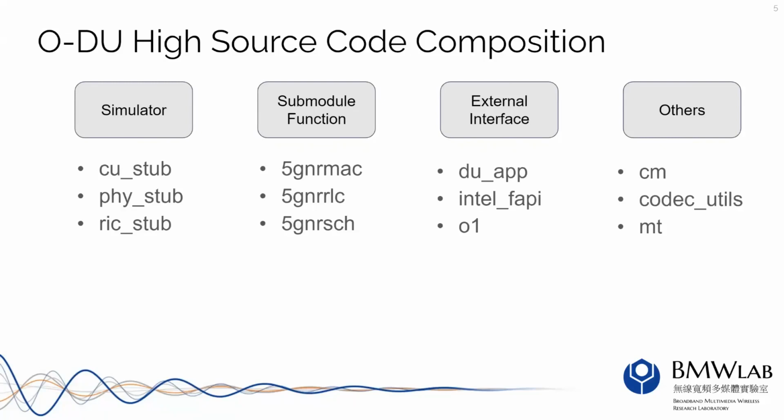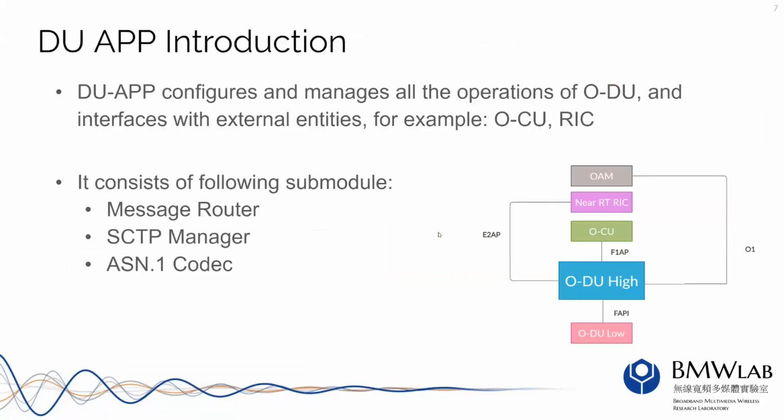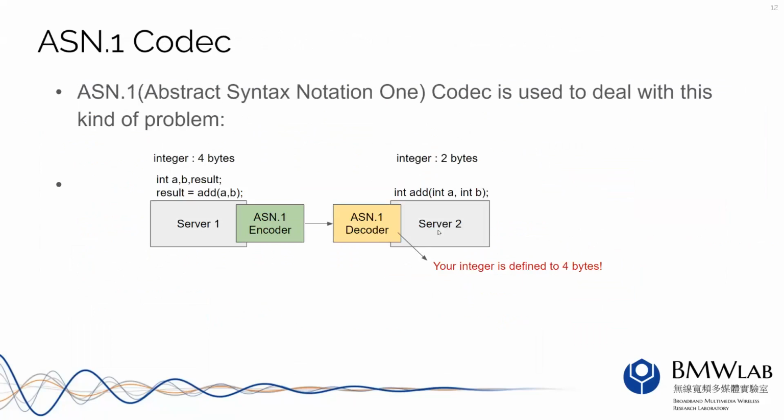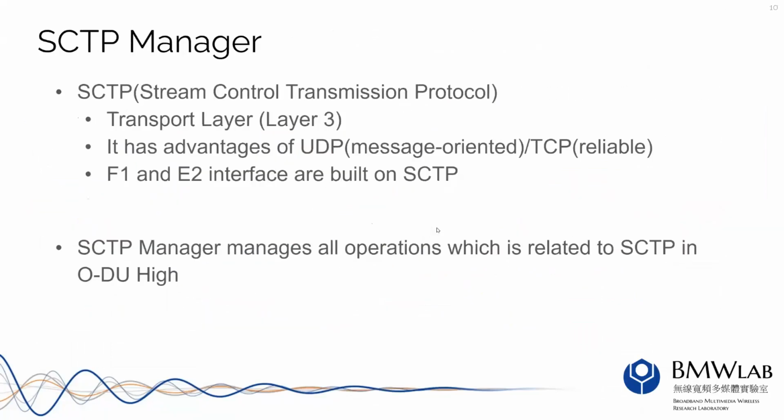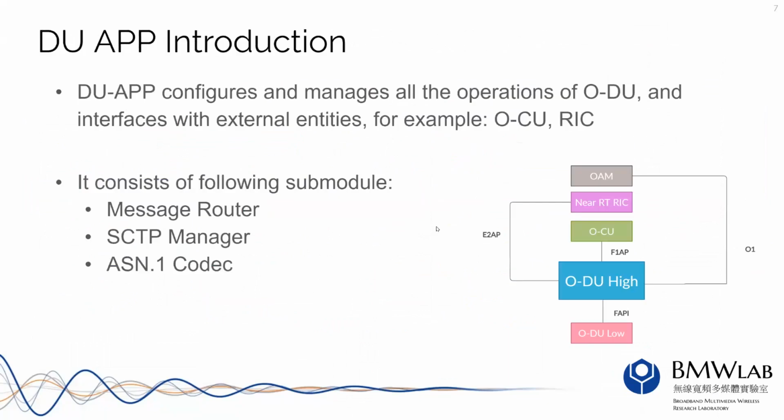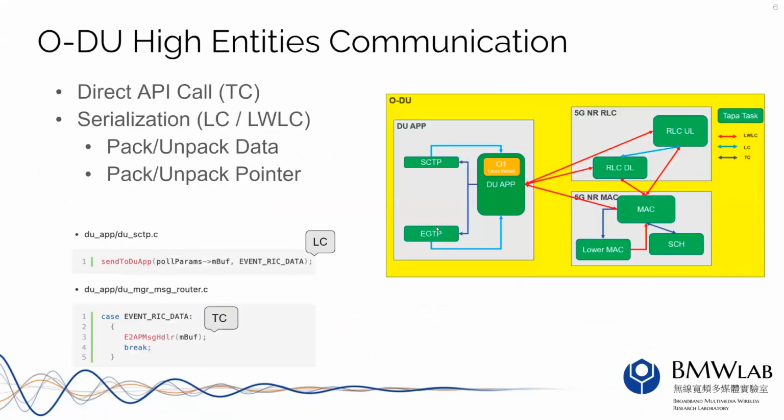But I think you have a figure to show the DU app has O1, right? Maybe previous, go back. This one, in the beginning. The DU app has the O1.